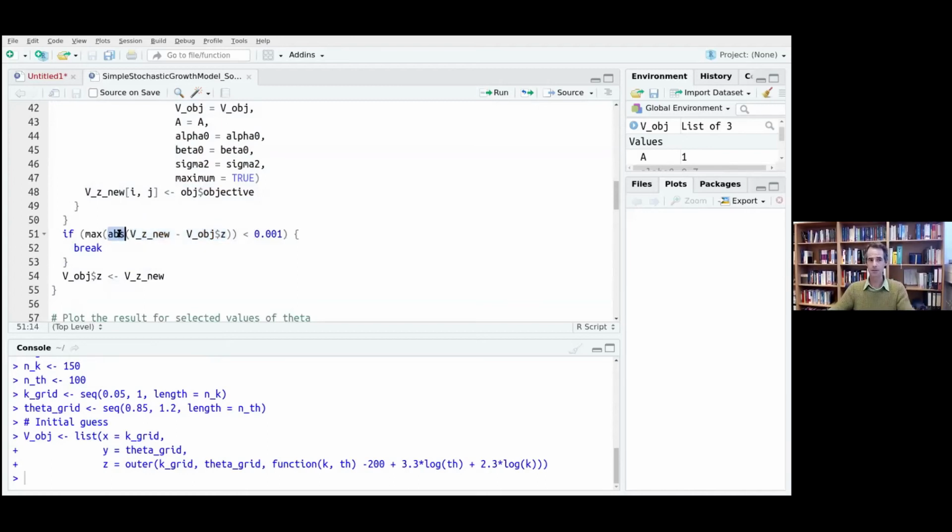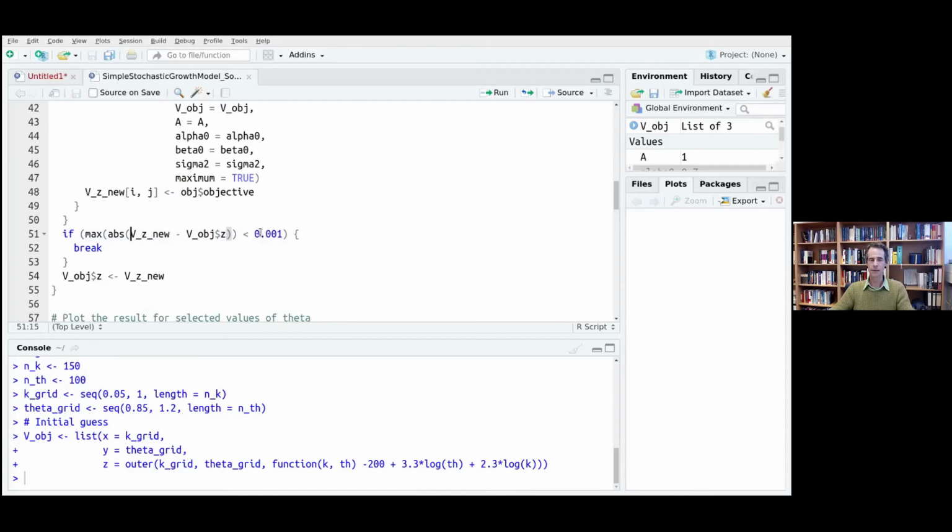We take the absolute value of the differences, and then we only look at the largest absolute value of the distances. This means the new value function iteration is very close to the old one if the maximal distance is smaller than some value. This is arbitrary.